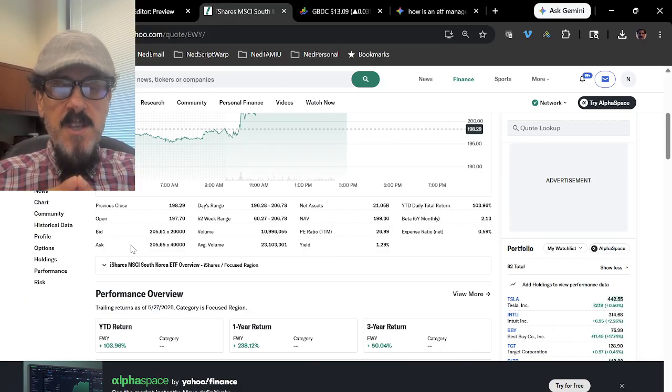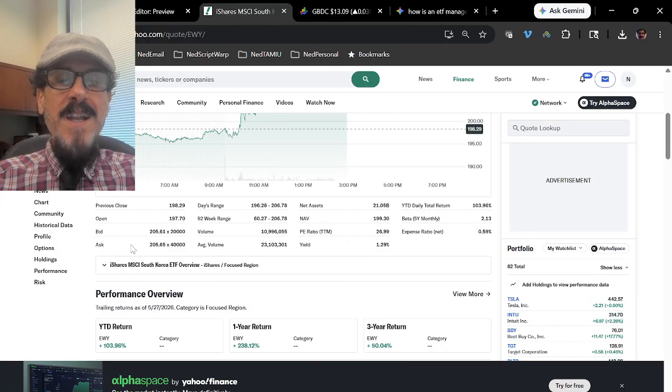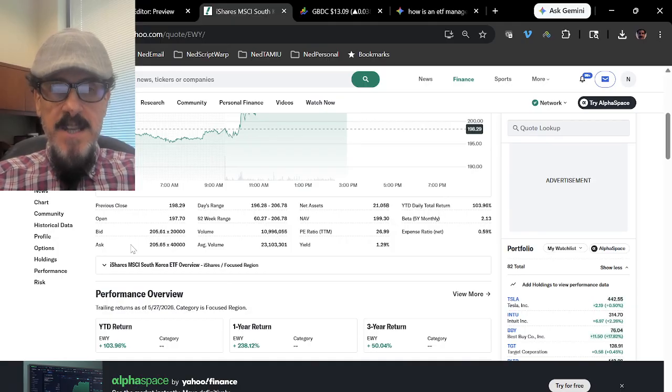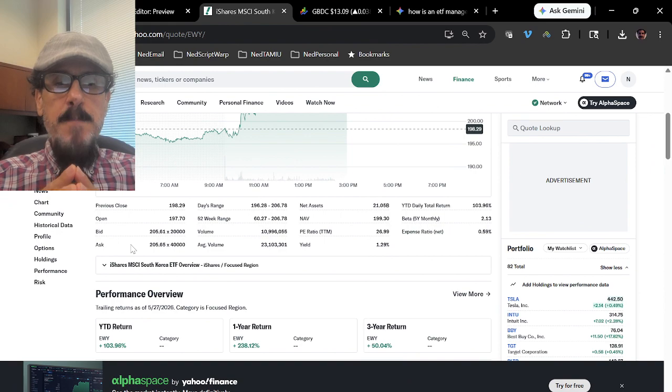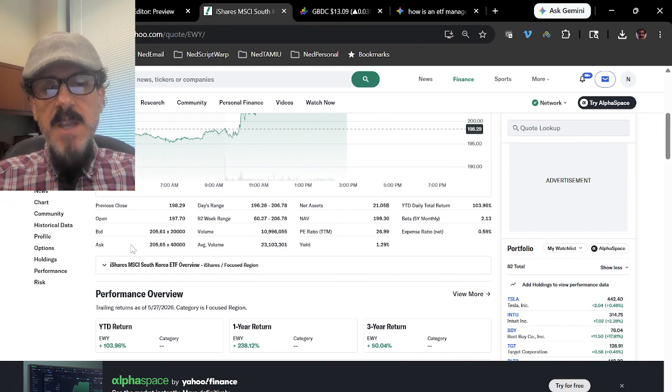So ETFs have bid-ask spreads. Mutual funds don't have that, so that's an advantage of mutual funds. Typically, mutual funds are the only types of funds available in 401k and equivalent plans. Inside a 401k or a 403b, these retirement plans, typically you cannot buy and sell ETFs.